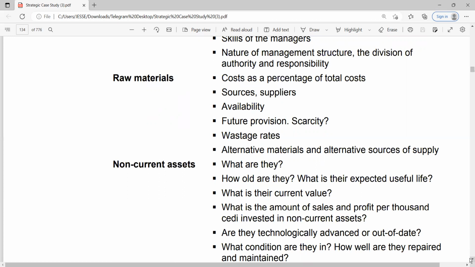You're looking at the cost of the raw materials, the source of the raw materials, the supplier of the raw materials, how available is that raw material, how scarce is it? What is the wastage rate of that raw material? Are there any alternative sources of supply? There are different things you can think about when you look at raw materials.